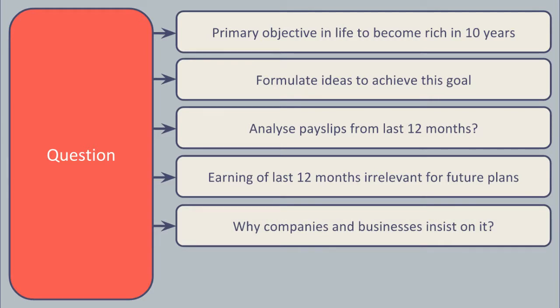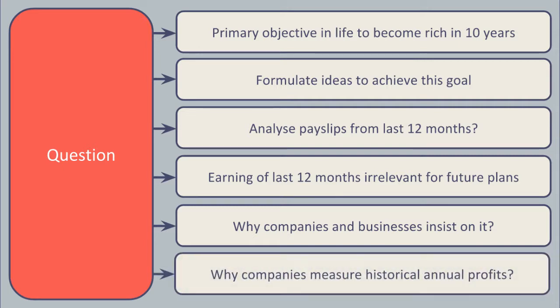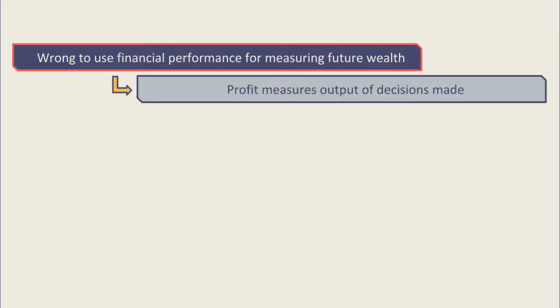Why then do companies and businesses insist on doing just that? Why do companies continue to focus on measuring historical annual profits as one of their guiding key performance indicators? There is so much wrong with using financial performance measures to help create wealth in the future. For example, profit is an output measure, by which I mean it measures the results of decisions made.